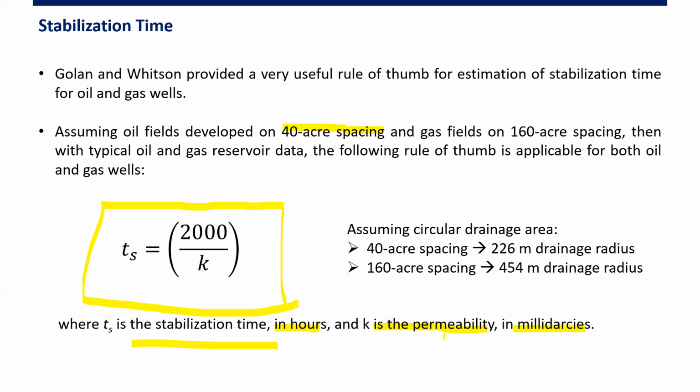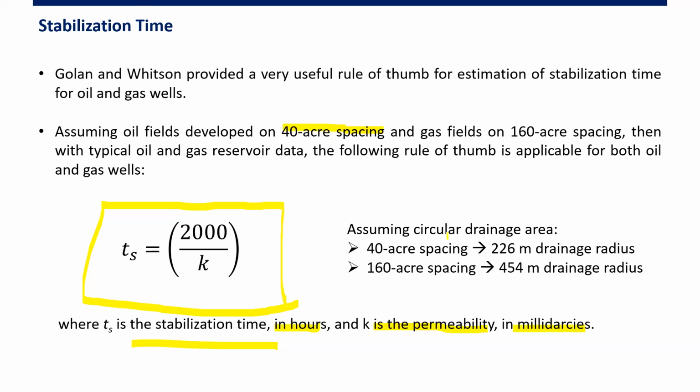Lastly, assuming circular drainage area, if you have 40-acre spacing, this is the same as saying that the drainage radius for your well is 227 or 226 meters for an oil well.